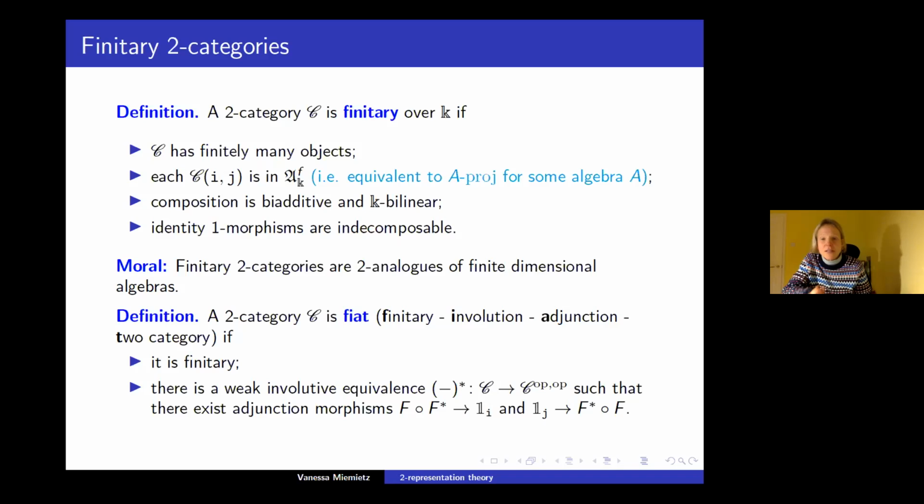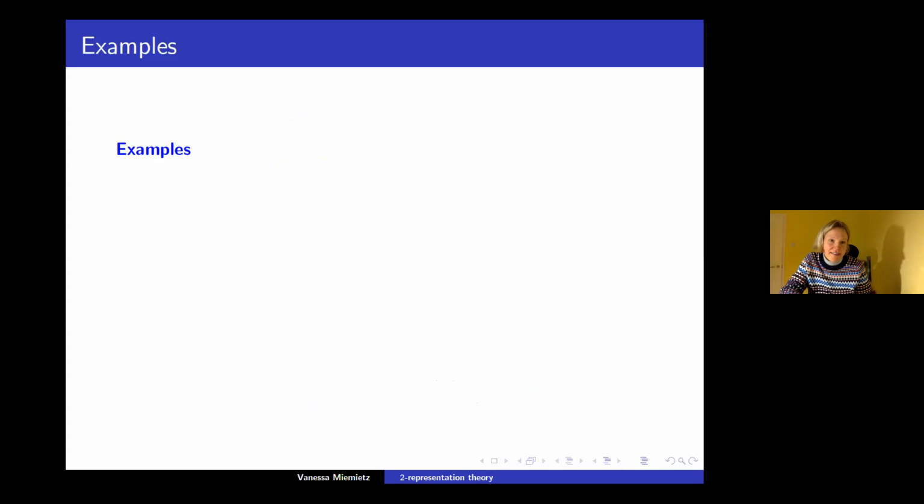So F double star is supposed to be isomorphic to F. And so we have a weaker concept that's weakly fiat, or we've just renamed that into quasi-fiat, where this is not involutive, where we have left and right adjoints, but they don't necessarily have to agree. So that's a fiat 2-category, and examples are tensor categories, they're usually only weakly fiat because there's no reason why left and right adjoints should agree.